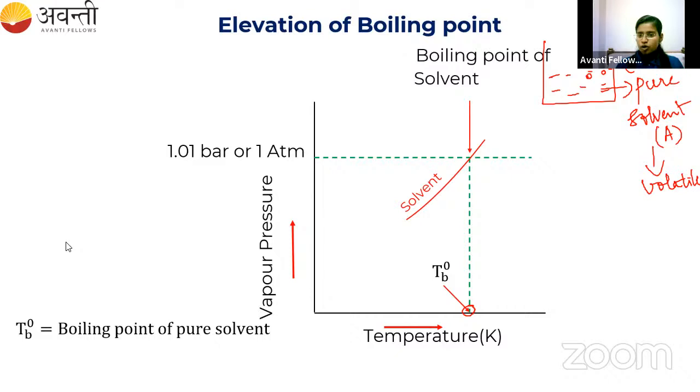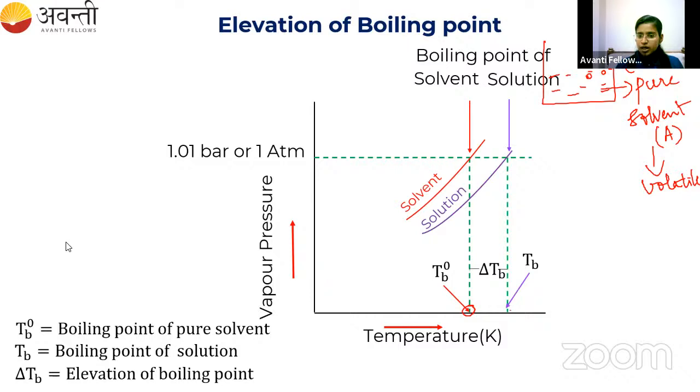So this is the boiling point of solvent. Now after adding the solute, I will get a solution. Now what is happening here? The boiling temperature of the solution is increasing. Suppose this is around 300 Kelvin, then this is 400 Kelvin. So this is the solvent line and this is the solution line.